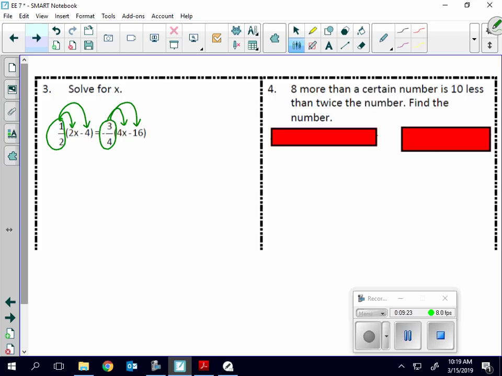Okay, so let's see. Right now, I'm just going to write it out so you see exactly what we're doing. I have a 1/2 times this 2x, and I'm going to put the 2x over a 1 to make it easier to see.